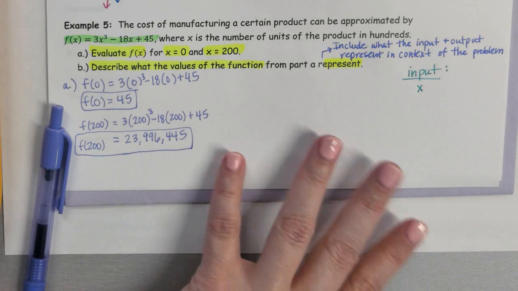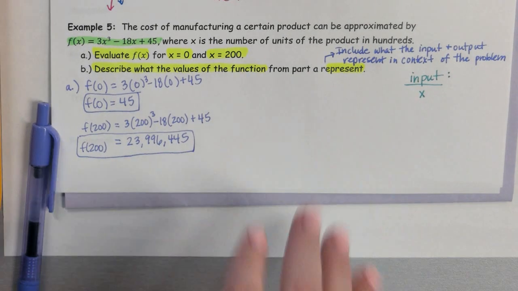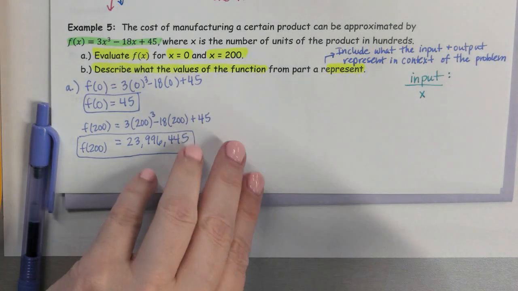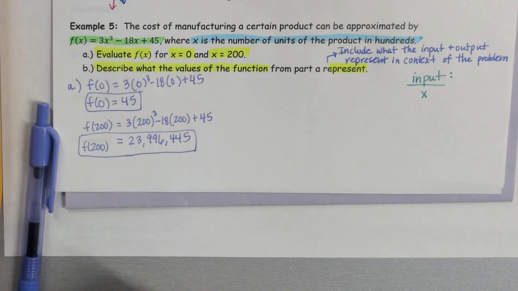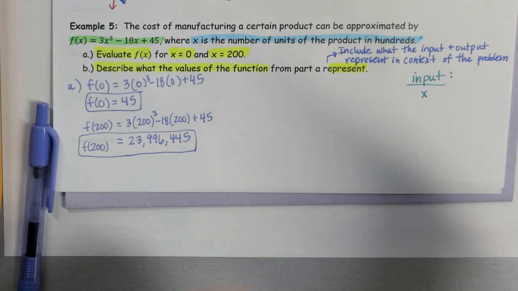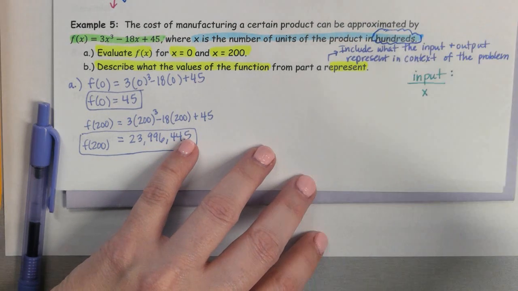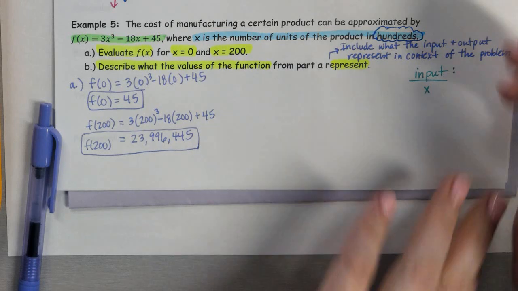Does it tell us what X represents here? Yeah, what does it say? The number of units of the product in hundreds. So I'm going to highlight that. That's important, especially the fact that it's in hundreds. I'm going to put a cloud around the hundreds because that's going to be really important. So the input is the number of units measured in hundreds.